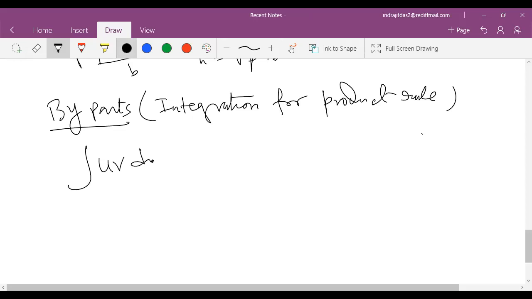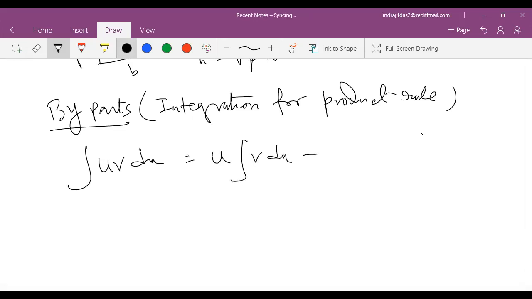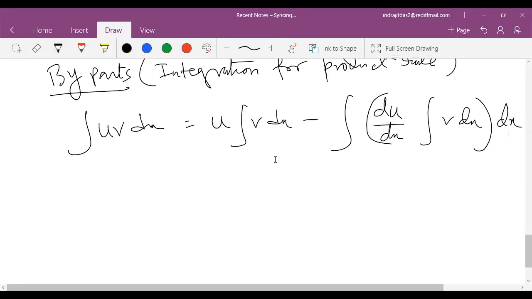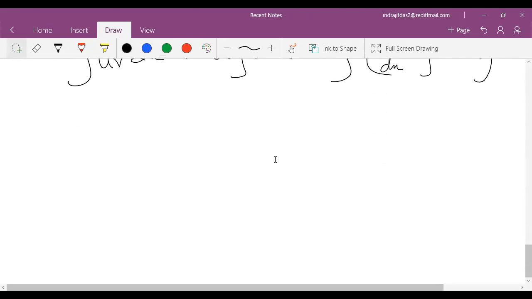Two functions u and v, dx, will be u outside, integral of v dx, the second function, minus derivative of u into integration of v, then whole integration. First part is u, then integration of v, minus derivative of u into integration of v, the whole of integration.